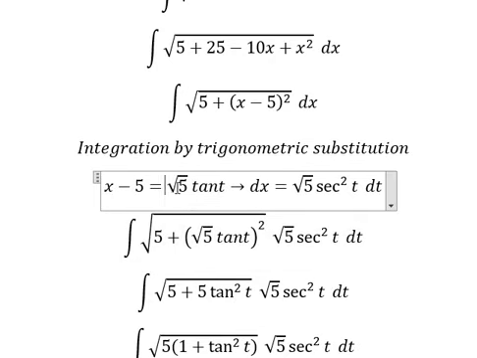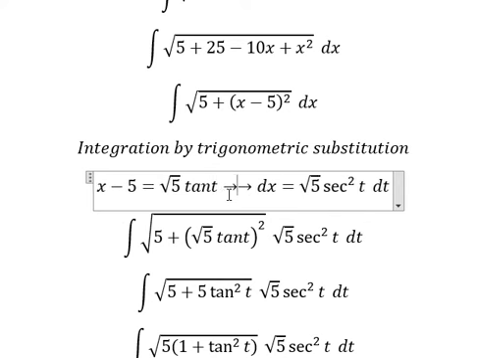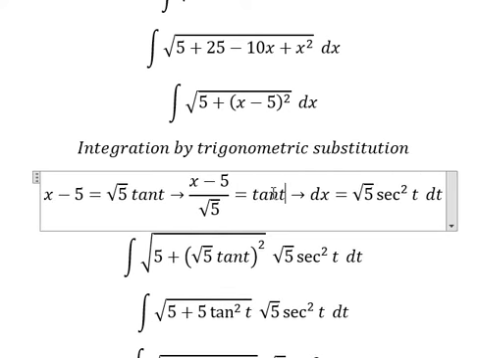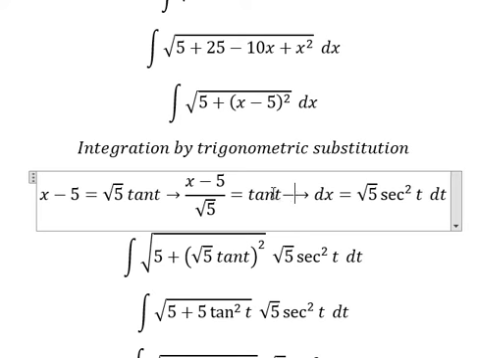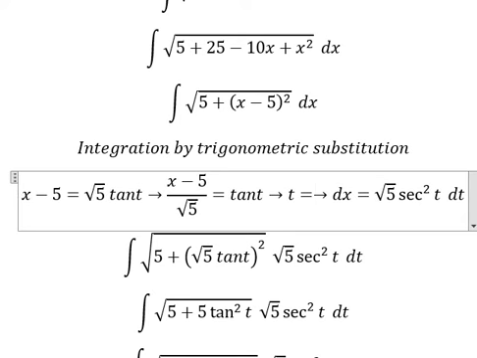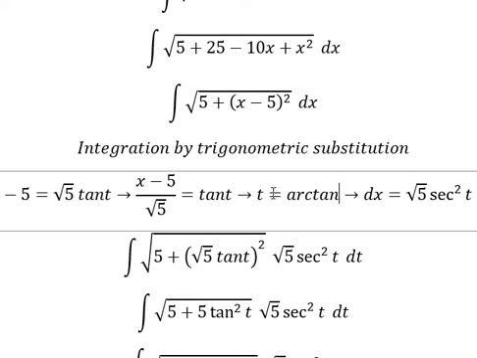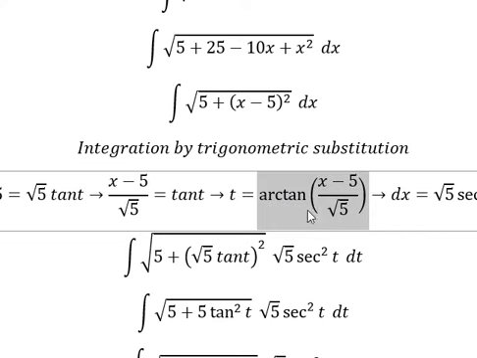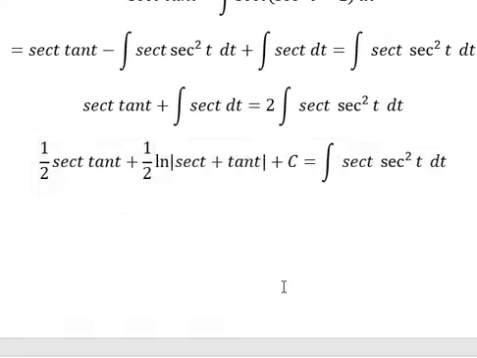So we divide both sides by the square root of number 5. And we have t equals arctan of this one. So I will put this one to change for t.